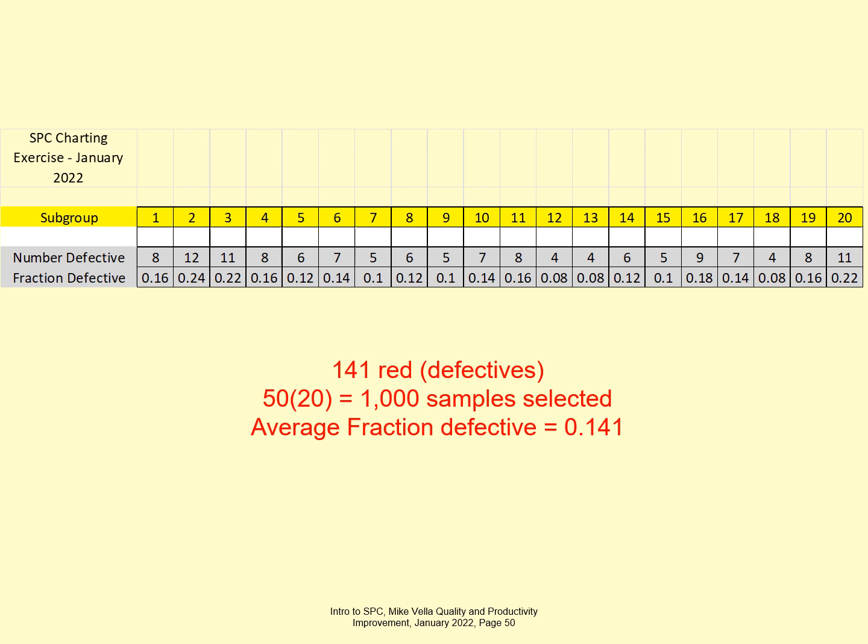If we add up all the number of defectives, it's 141, and divide that by the sample selected. Remember, we had 20 subgroups times 50 samples per subgroup. That's 1,000 pieces. The average fraction defective is 0.141. Keep that number in mind as we go along in our next bit of our calculations.